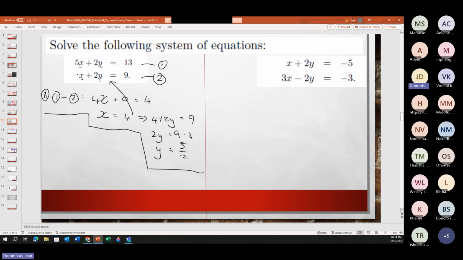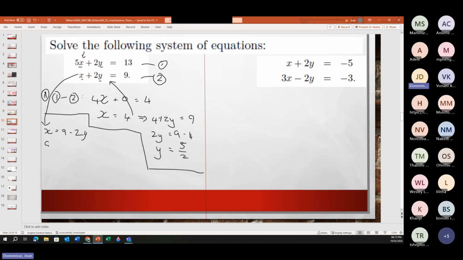So if we change that so that x is equal to, we can get x is equal to 9 minus 2y. And then I've got x here as 9 minus 2y, so I can substitute the x in the first equation because I know x is 9 minus 2y.